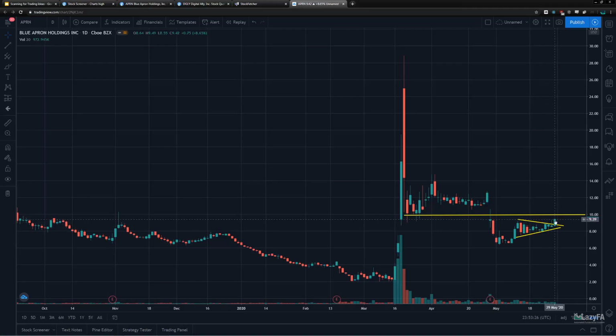And the reason this is curious to me is that with 30% short interest and only 10 million shares in the float, if this breaks out above $10, it has a huge number of people that will be losing.